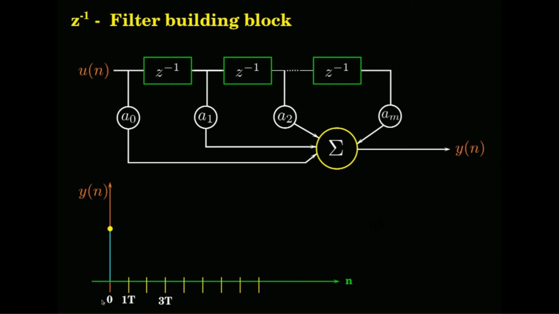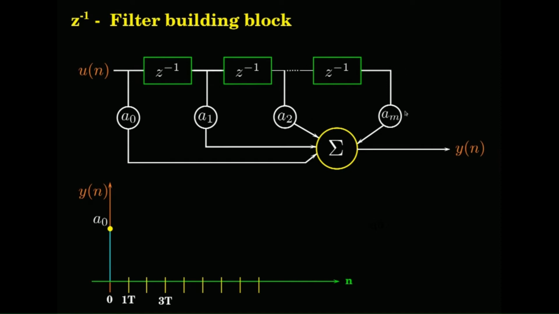So at time 0, all these are zeros, so 1 into a0 will go out like this. Then as time evolves, at 1t, the 1 which was here would have passed here, and that gets multiplied by a1. Everything else is 0.